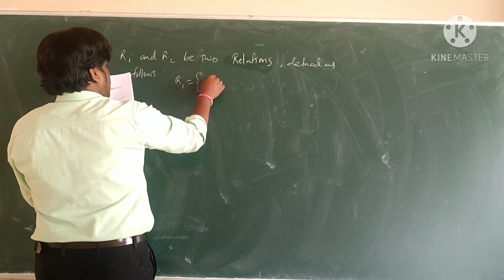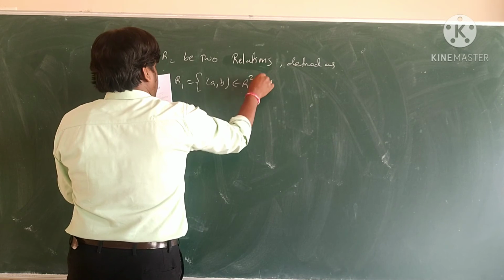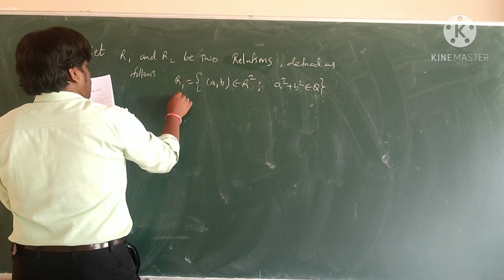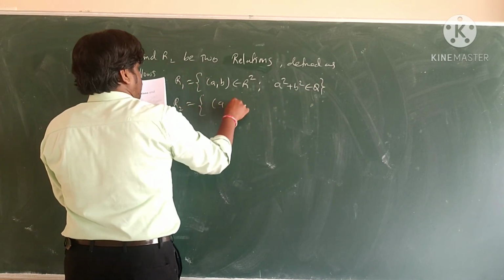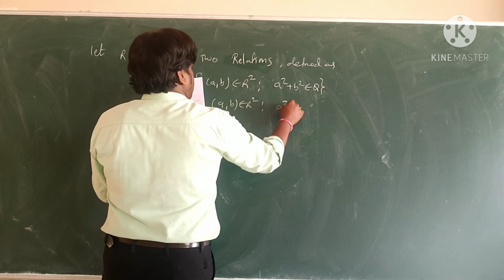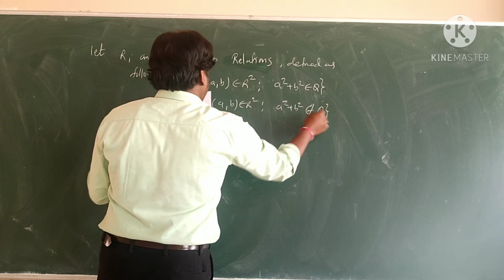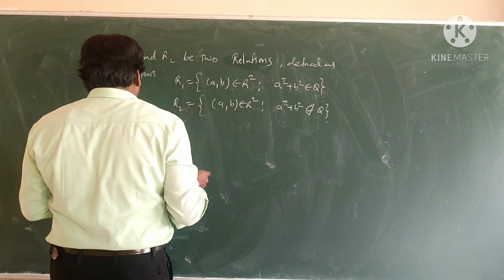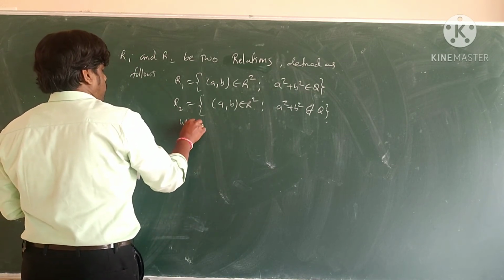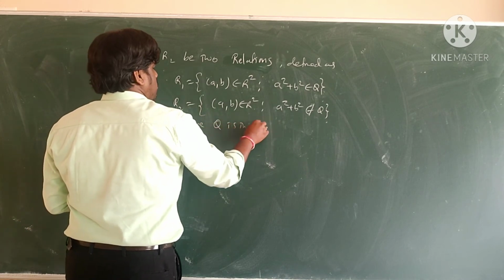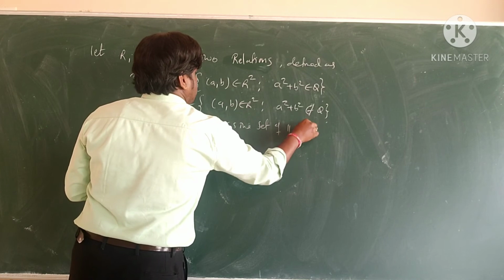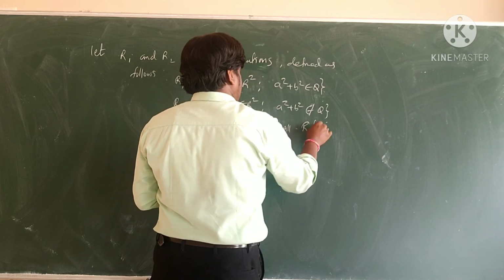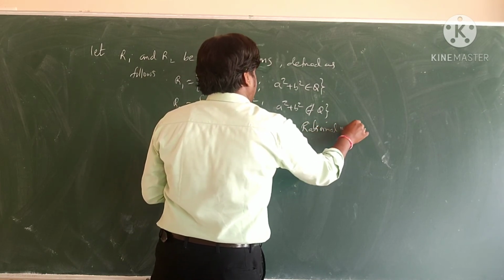R1 is equal to A comma B belongs to R square such that A square plus B square belongs to Q. R2 is equal to A comma B belongs to R square such that A square plus B square does not belong to Q, where Q is the set of all rational numbers.